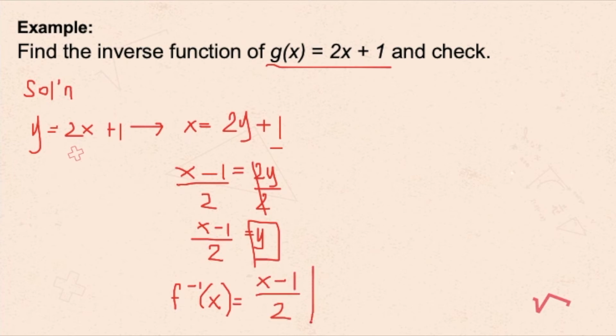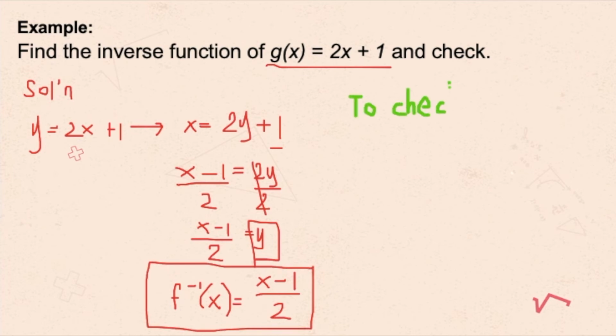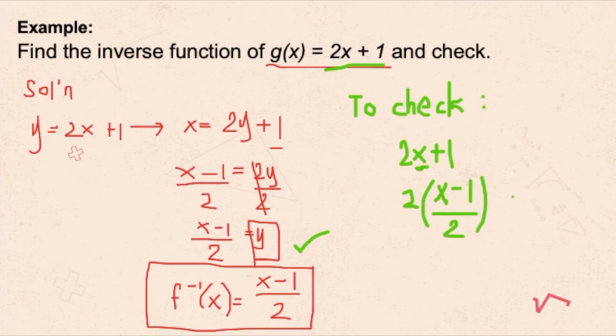So how do we know now if this one is correct? We have to check. You have to make use of the original given, which is 2x plus 1. In checking, you have to replace the x in f of x with your answer, x minus 1 all over 2. With this, it will be 2 times the quantity of x minus 1 all over 2 plus 1.